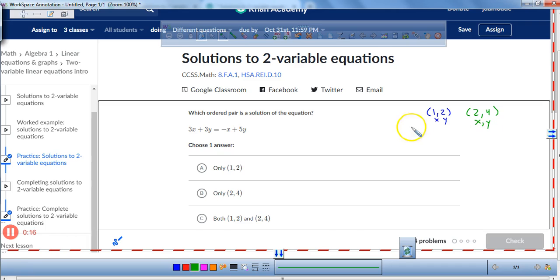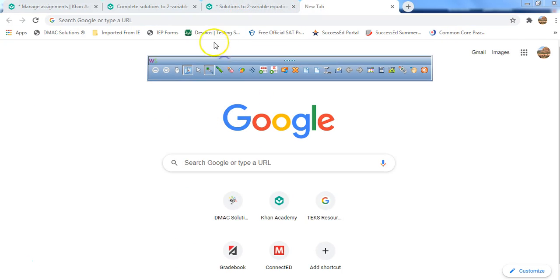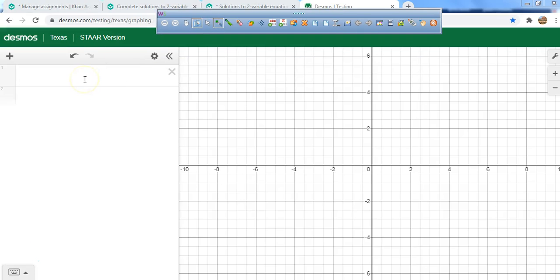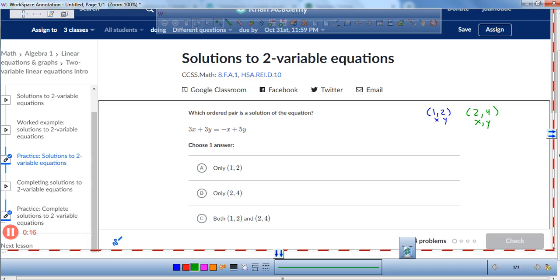Now, check this out. We're going to go to Desmos, and I'm going to go to Desmos test mode, like if you were taking a STAR test. One thing you are allowed to do in Desmos is type in the ordered pairs, so that's 1, 2, and 2, 4.